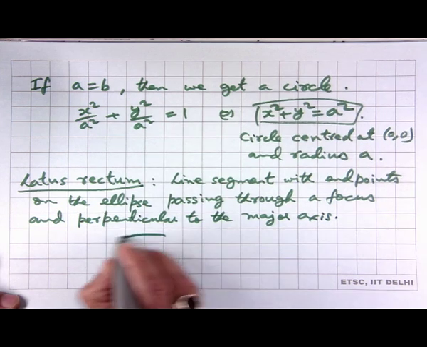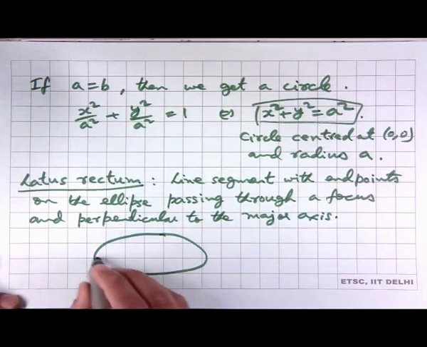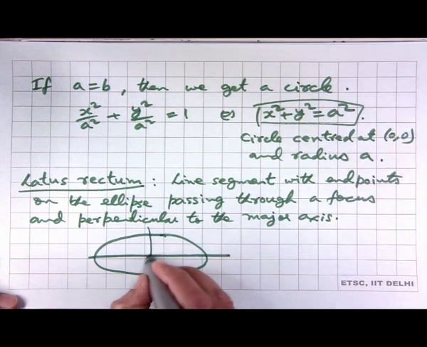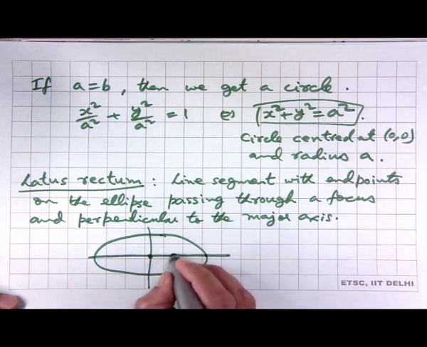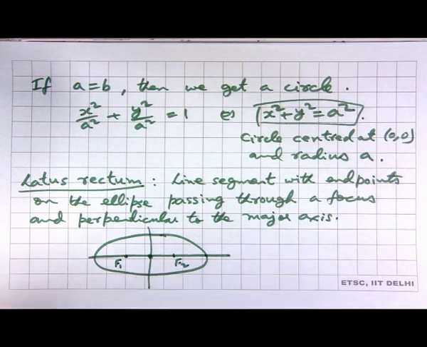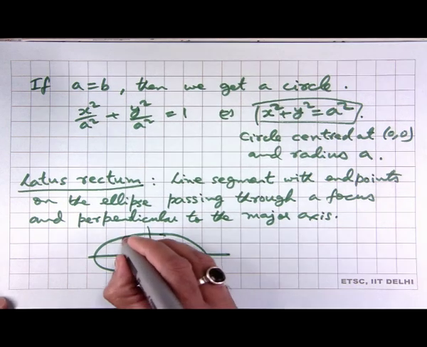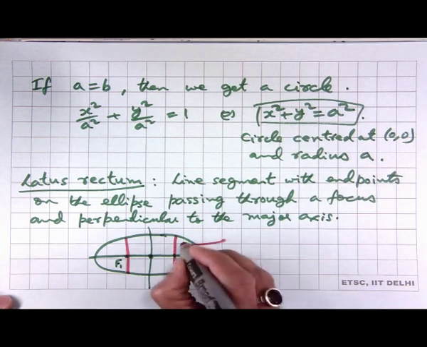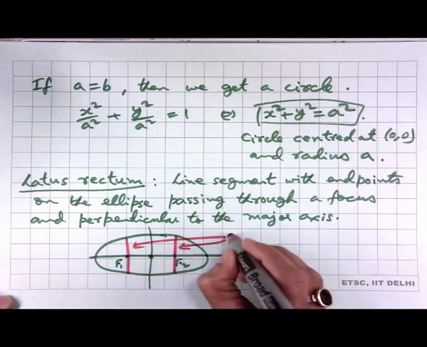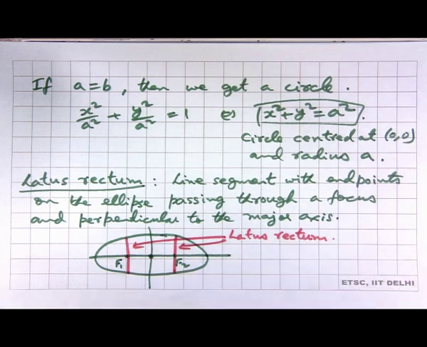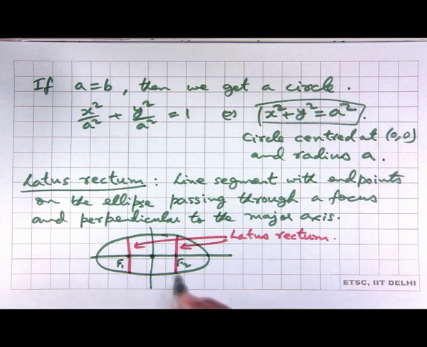So, if we have an ellipse like this, this is the center, we have foci f1 f2, then let me draw the latus rectum, drawn in red here. What is the length of this latus rectum?